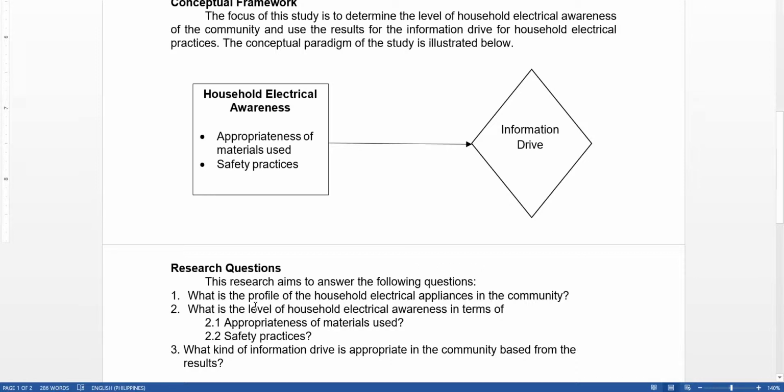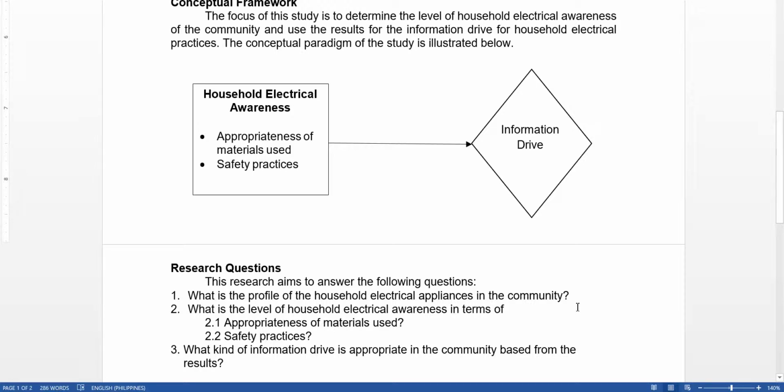Number one, what is the profile of the household electrical appliances in the community? The research question number one talks about what kind of electrical appliances are present in the community. So we have to survey what kind of electrical appliances are there in the community, and how many of its kind the community has. So question number one talks about the kind of electrical appliances and the number of appliances the community possesses.